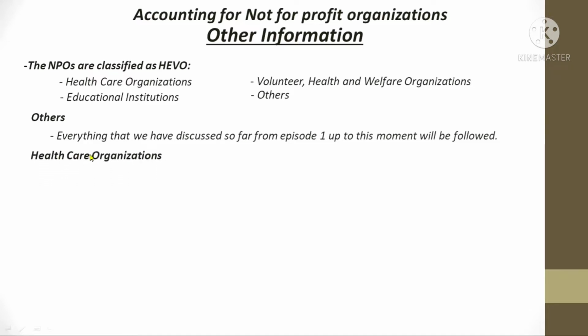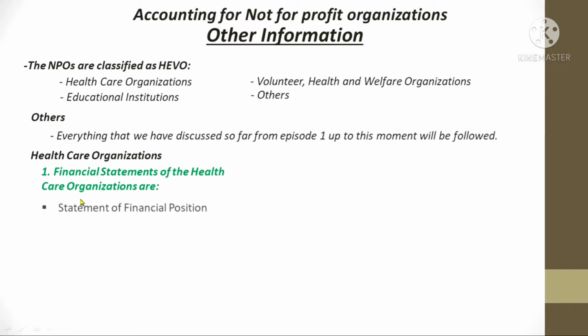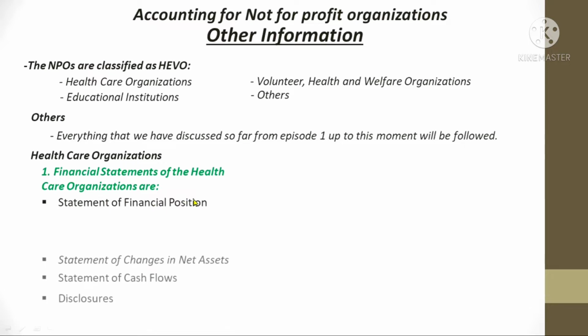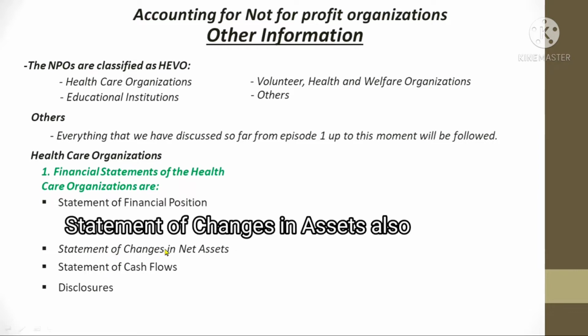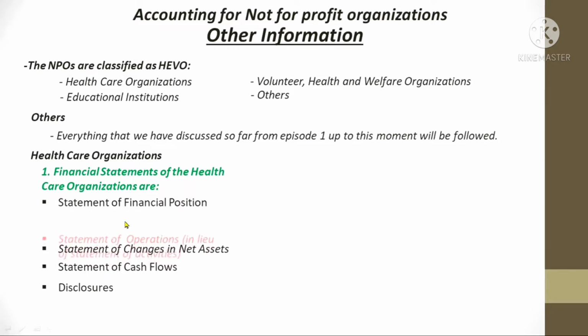Okay? Now let's go to healthcare organizations. So actually, there are two things unique about healthcare organizations. Let's have the first one. Let's talk about the financial statements of healthcare organizations. These healthcare organizations should prepare the following. The first one is the statement of financial position, and we have the statement of cash flows and disclosures. But here's another one, which is the statement of operations in lieu of the statement of activities.